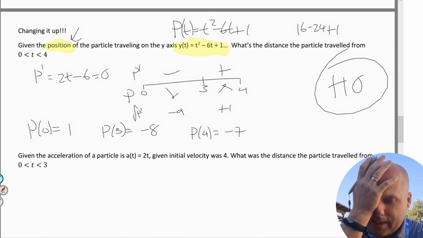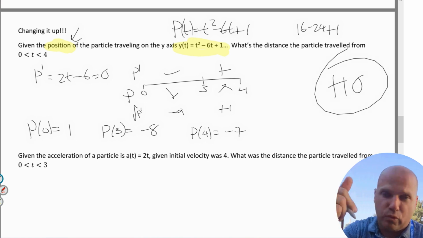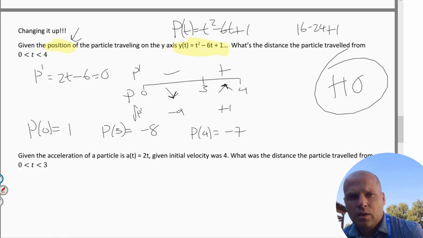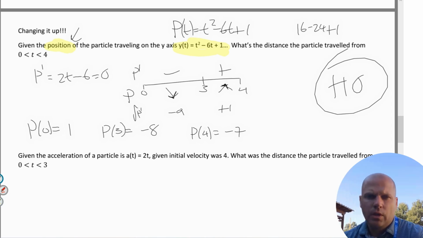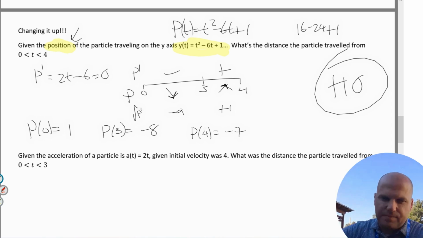But to get there, I'm on the y-axis, so my position decreasing means I'm going down. Position increasing means I'm going up. 9 minus 18 is negative 9 plus 1 is negative 8. 16 minus 24 plus 1, negative 7. Cool. You can always check.